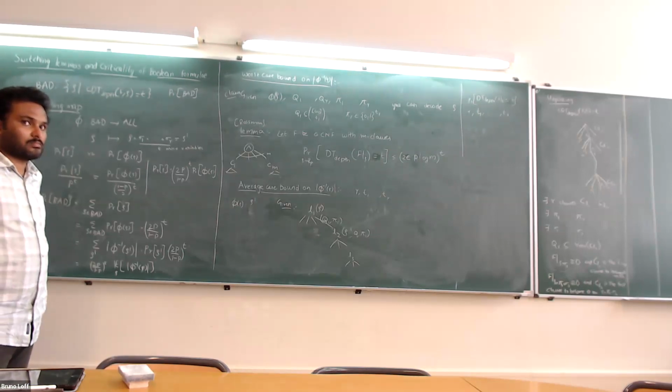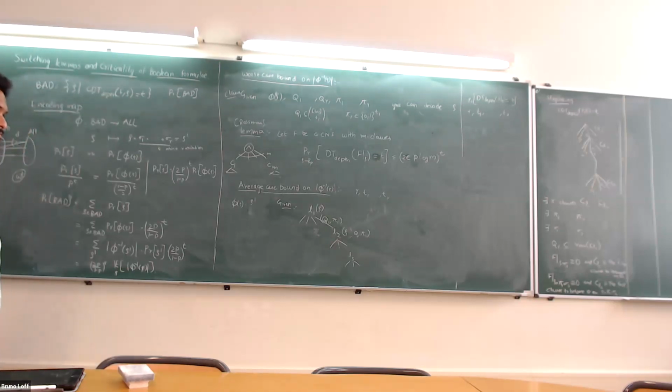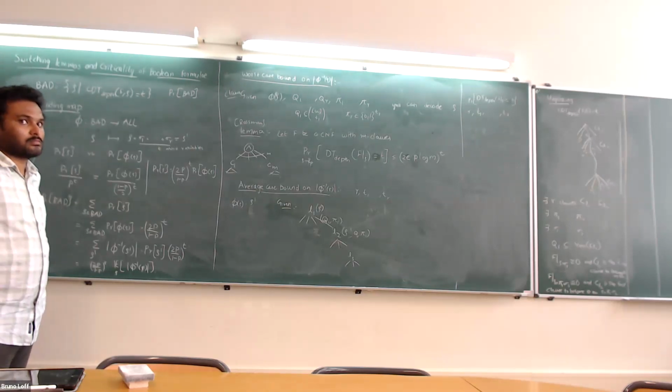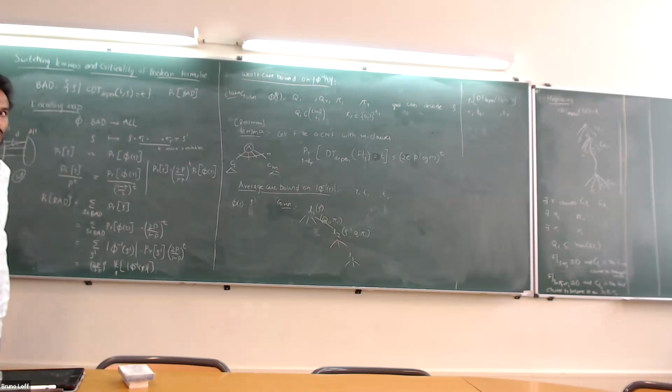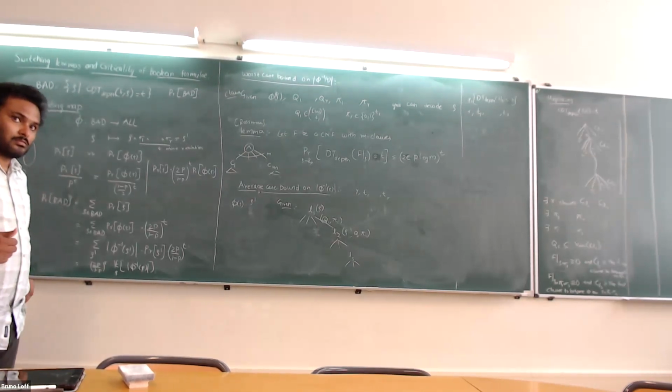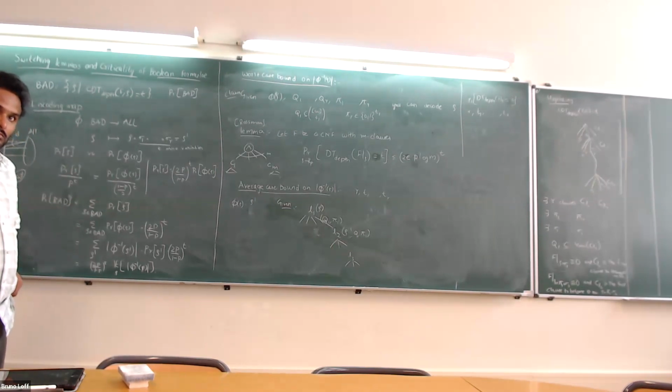Okay, corresponding to this path, I have some sigma 1 up to sigma r. And what I actually get to see is rho prime, so rho composed with sigma 1 up to sigma r.